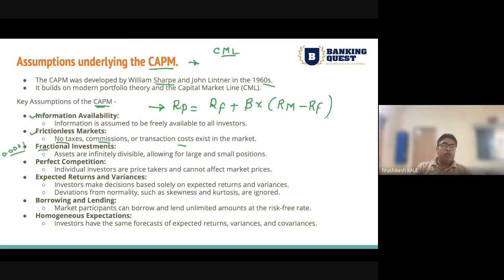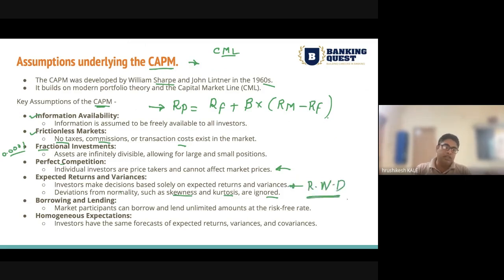There is perfect competition and market prices are perfect. Again, this is an assumption. Expected return and variance are known. Deviations from normality such as skewness and kurtosis are ignored. That means basically returns are normally distributed.